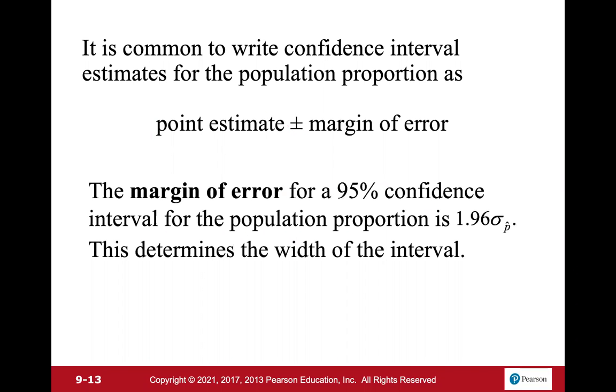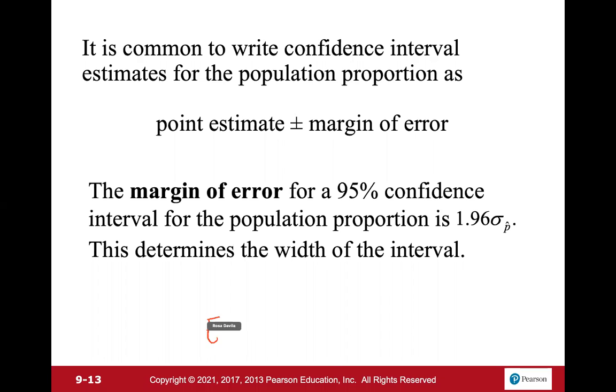All right, so the margin of error for a 95% confidence interval for the population proportion is 1.96 times the standard deviation of the sample proportion. So this determines the width of the interval.